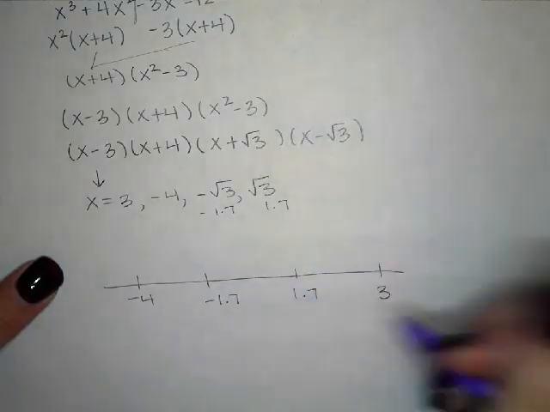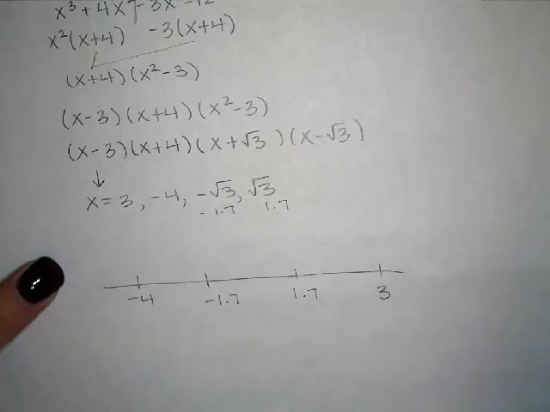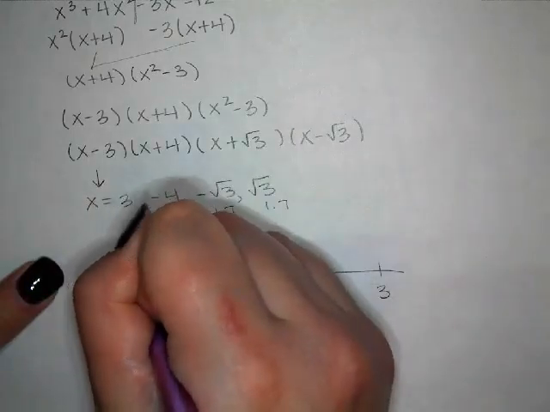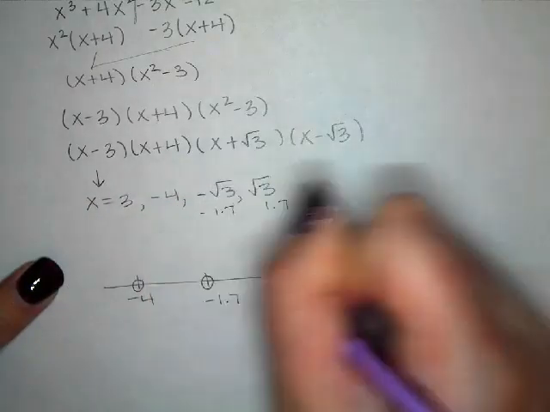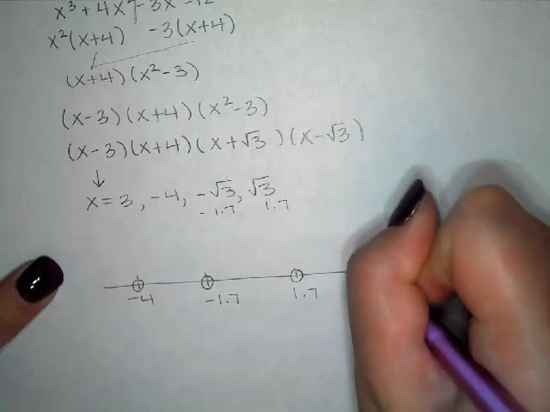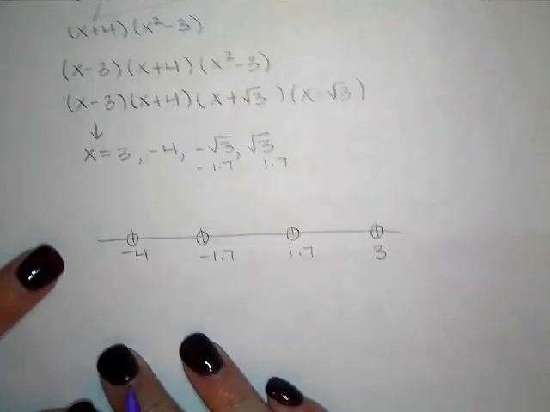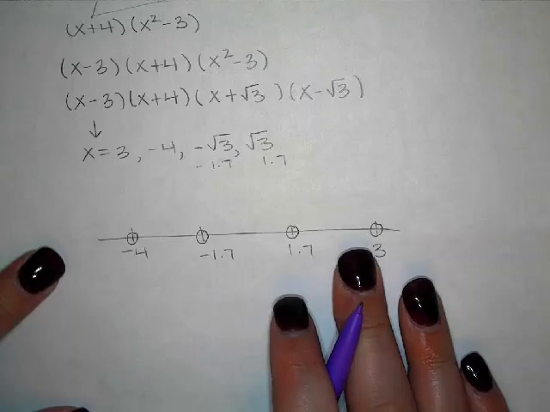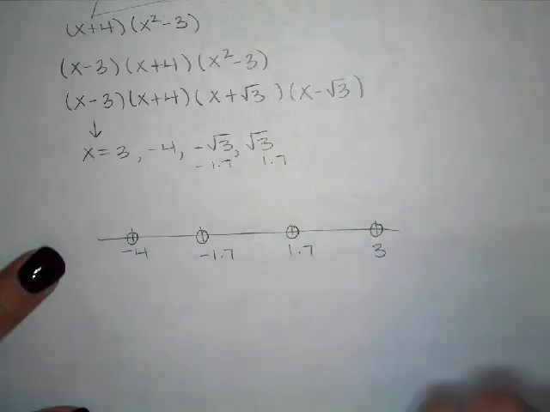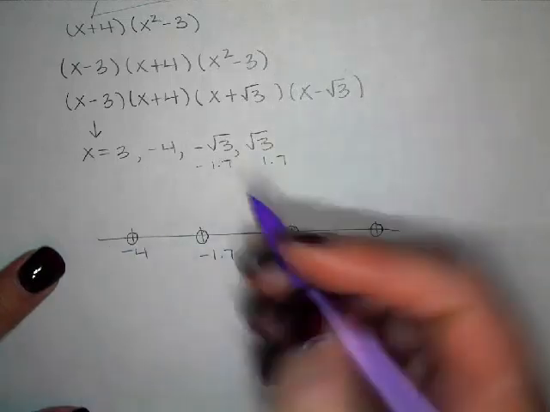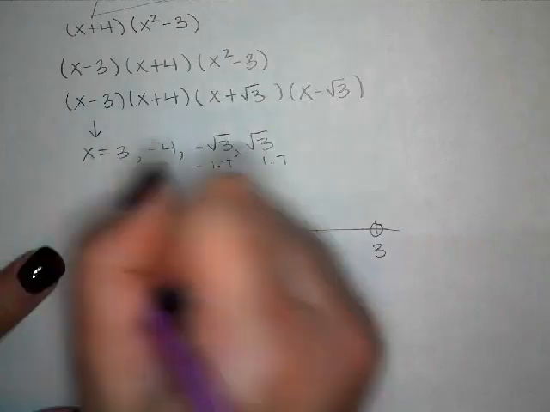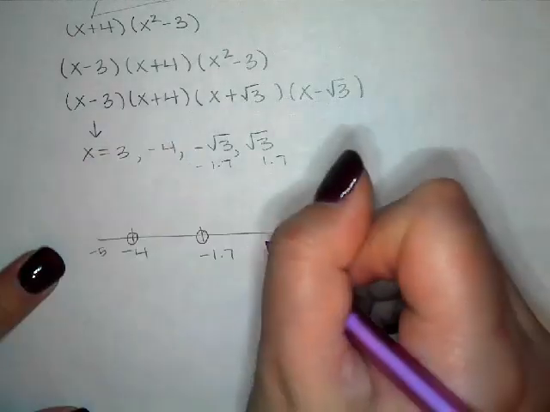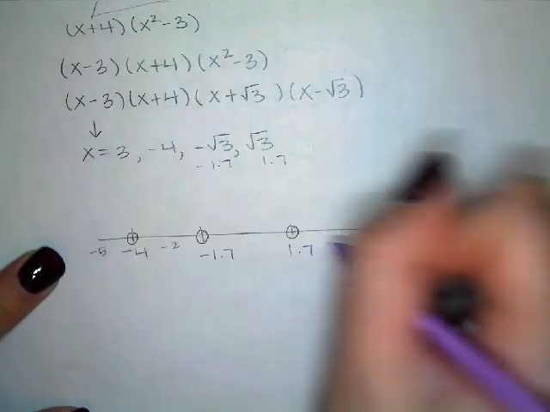These are all where the graph equals 0. So since we want the values that are less than 0, I can't actually use any of these values. So I'm putting an open circle on all of them, and then I'm going to choose values to plug in. So I've got -5 to plug in, maybe -2 right here, 0, positive 2, 4.